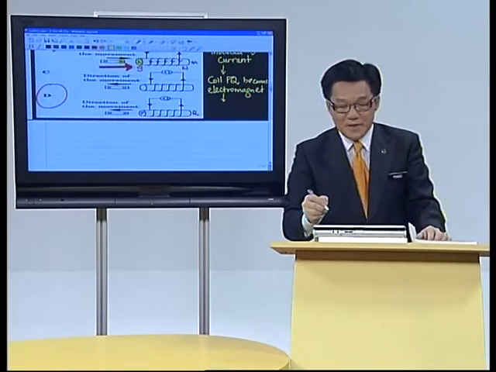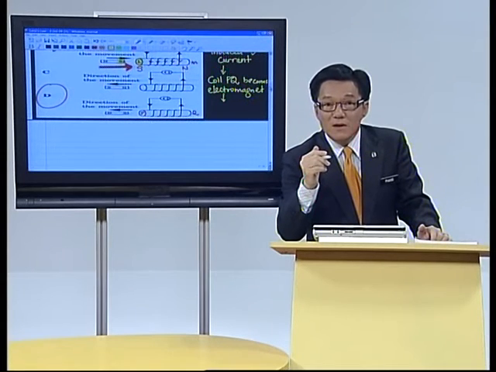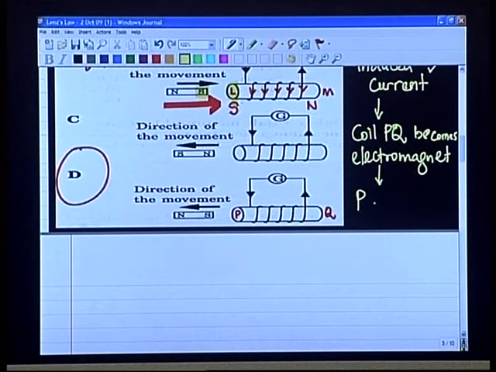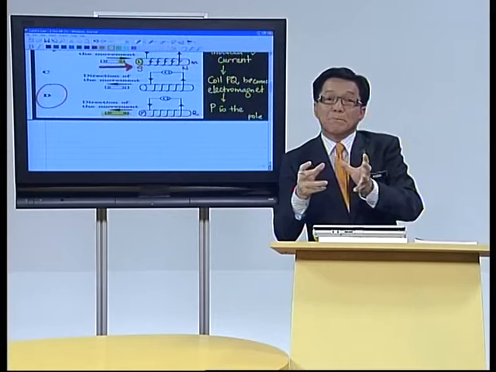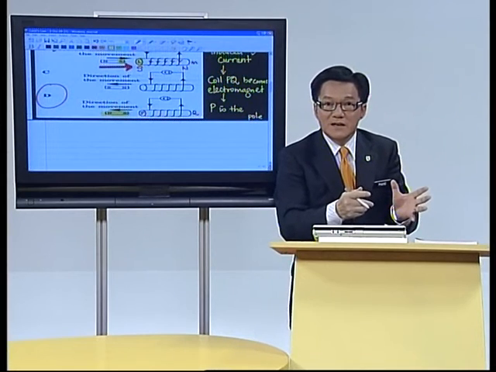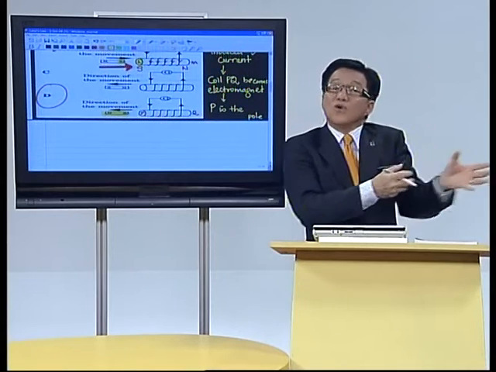Now, if that is the case, P must have a pole. So I want to write down P is the, fill in the blanks. Is it north or south pole? Now you look at the magnet. The magnet is going away. According to Lenz's law, it opposes the magnet going away. In other words, it does not want the magnet to go away.